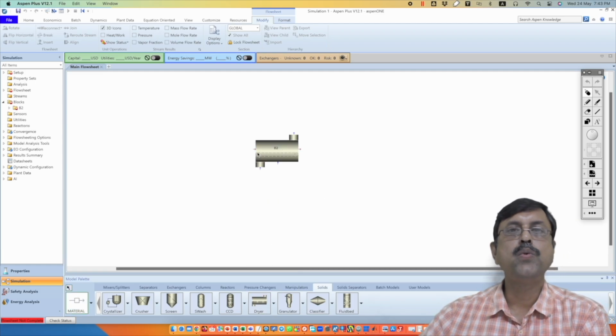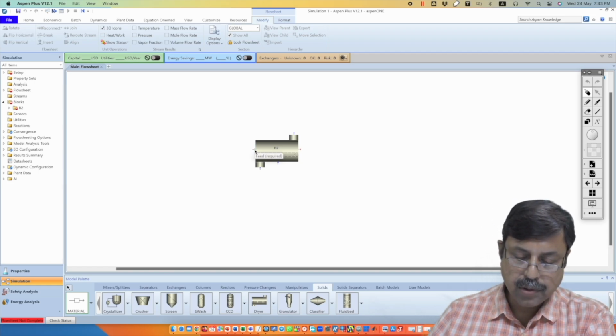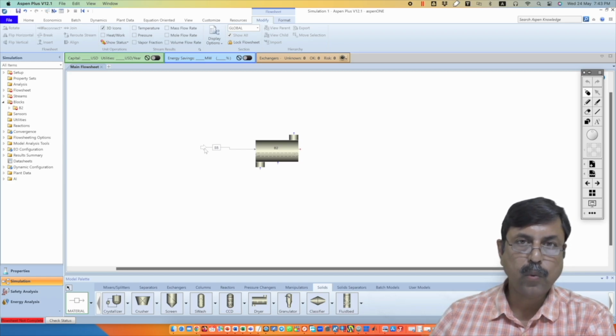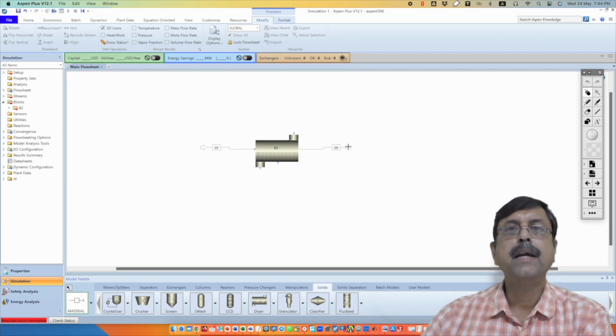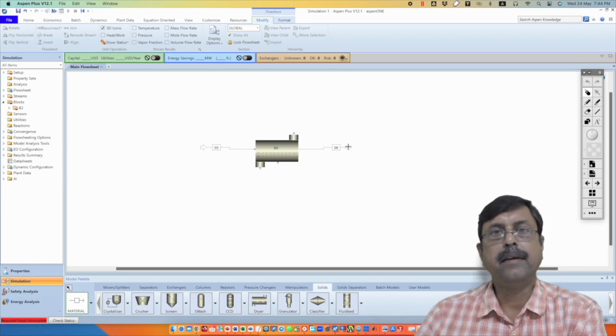You will find two mandatory material streams. This is a mandatory input, that is feed. Feed means the solid feed, which is wet solid feed. And this is the product stream. Typically it should be the dry product stream. So this is the mandatory thing.